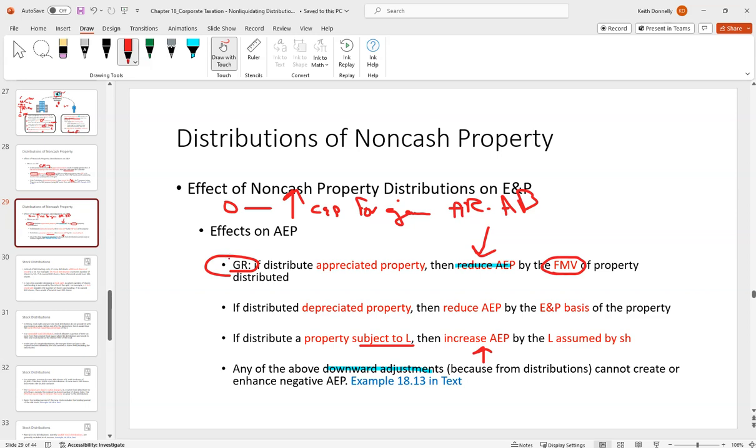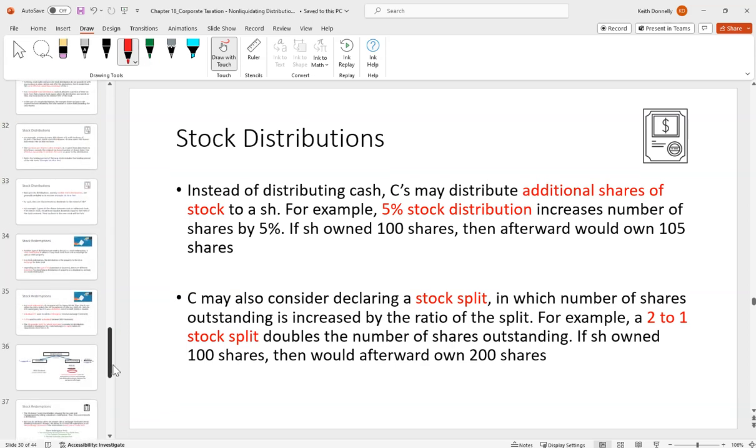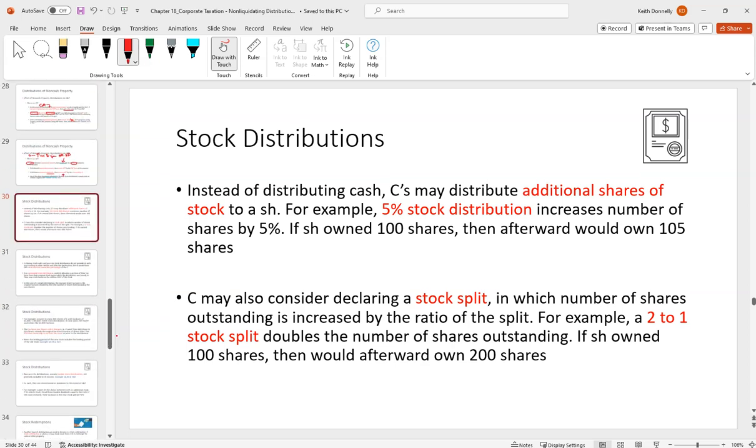So with that, let me see, do I want to talk about stock distributions? All right, maybe I'll just quickly talk about these and then I'll save the last 10 slides for a separate lecture. So instead of distributing cash, so far we've looked at a corporation that pushes out money to the shareholder.